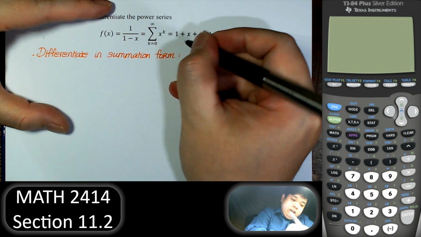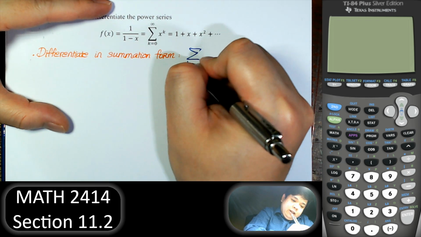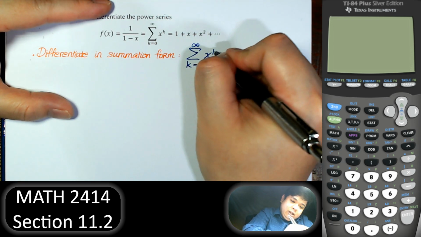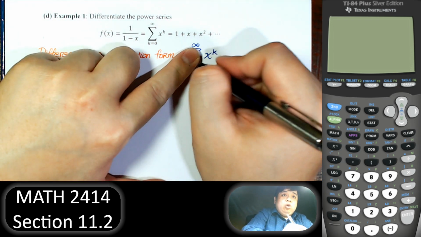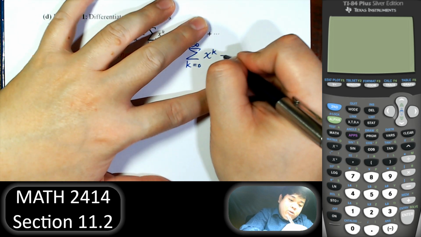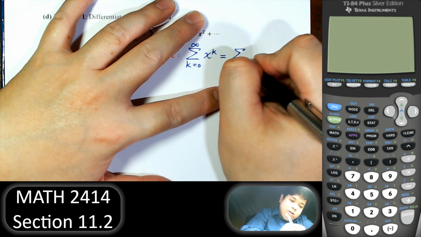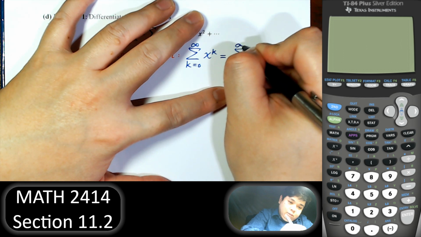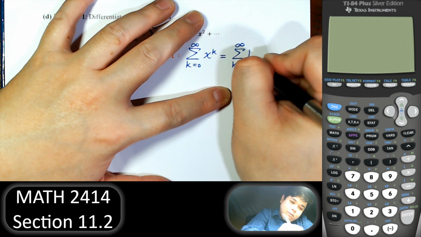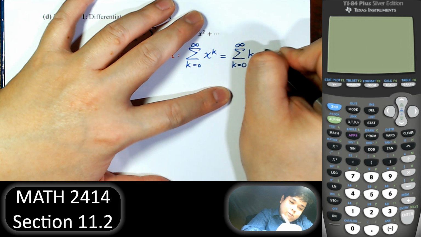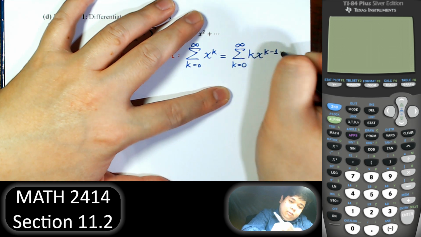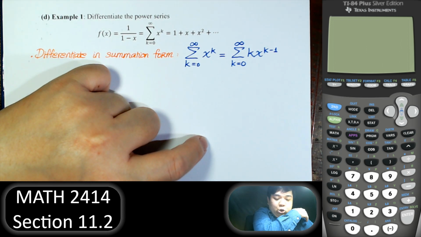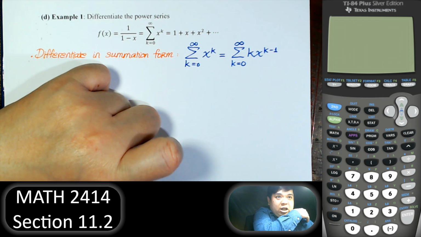Now this will be easy if we have k equal to 0 to infinity, x to the k. When we take derivative, we're going to bring down the k and the original power minus 1. Right? Simple enough. Power rule. Now, just little things here.